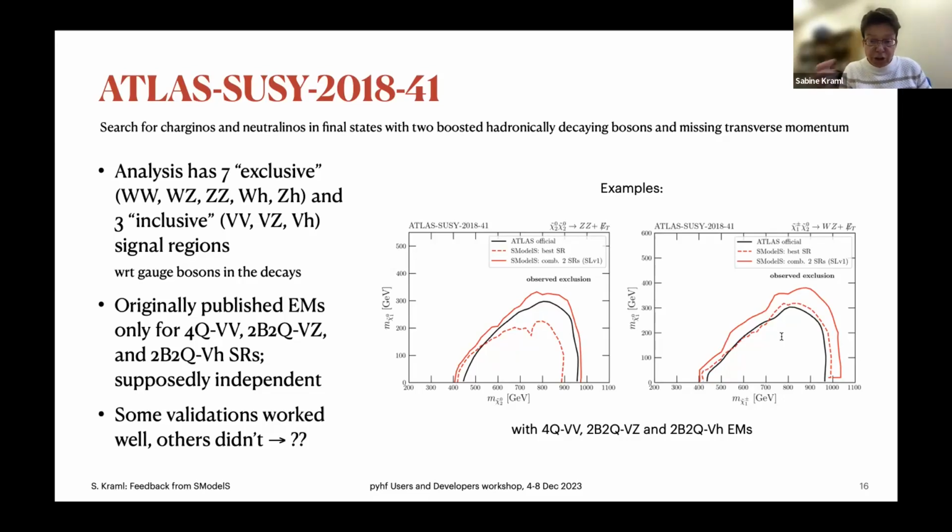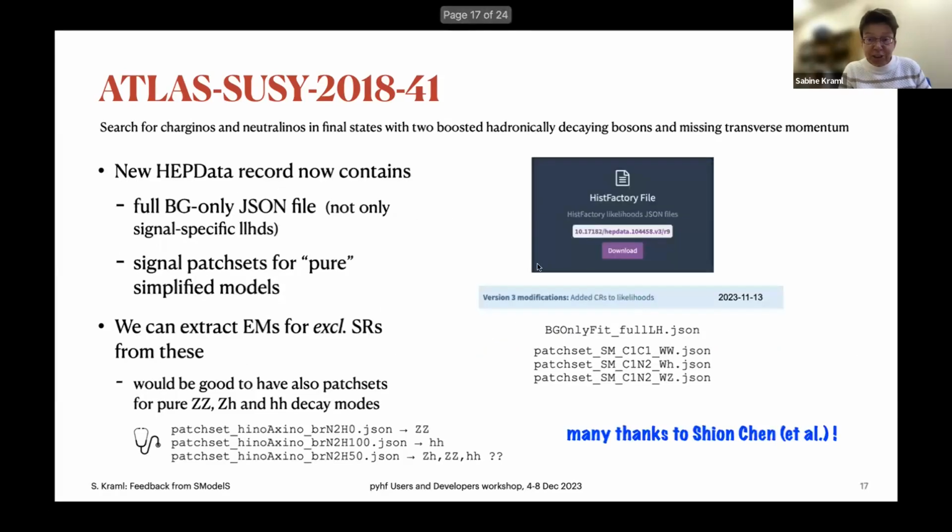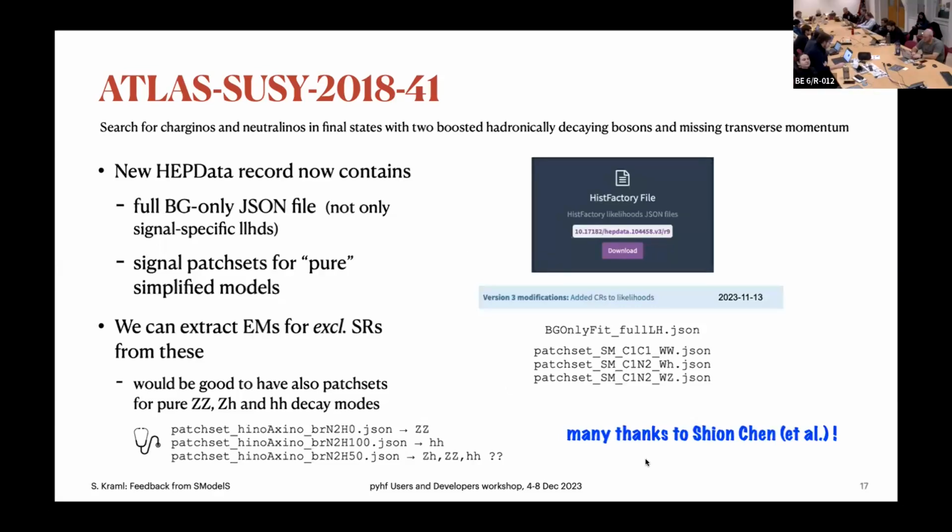So there was a lot of exchange with the ATLAS analyzers, which led to the full HistFactory file being published on HEPData quite some time after the original release of the analysis. I'm very, very happy about this, and thanks a lot to Xiaohu Chen, who really invested a lot of time in making this happen.